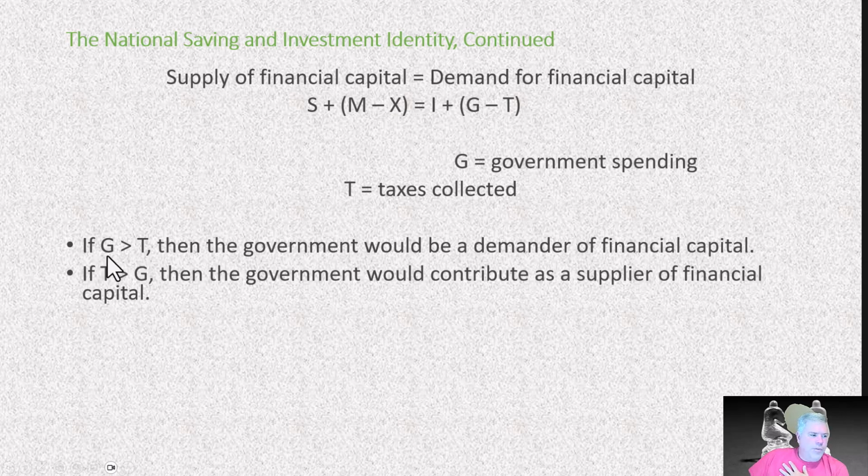So if government spending is greater than taxes, government is going to demand financial capital, which means it's not available for private investment. If taxes are greater than government spending, then the government is a contributor of financial capital because there's excess money here. So they're either going to be paying back bonds or making direct investment.